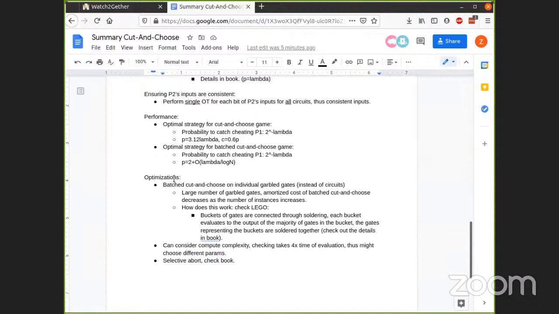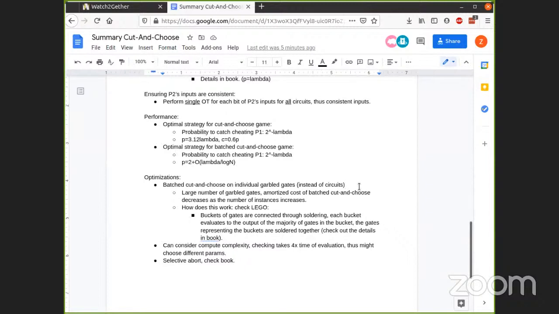Okay, so it's this protocol called Lego where they present it. What you do is player one generates loads of gates, and then player two chooses a subset of these gates that player one has to reveal. If any of these gates are bad, then player two knows that player one cheated.